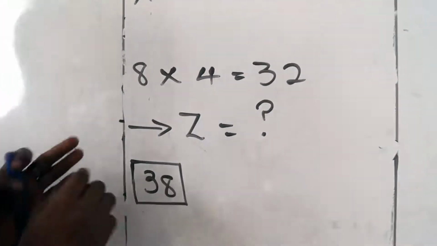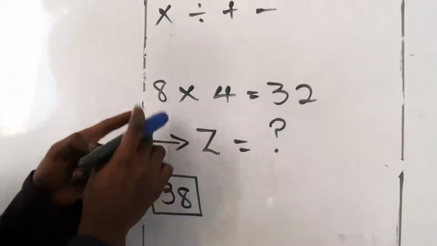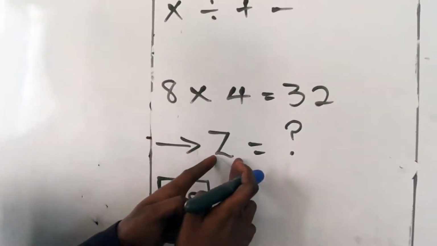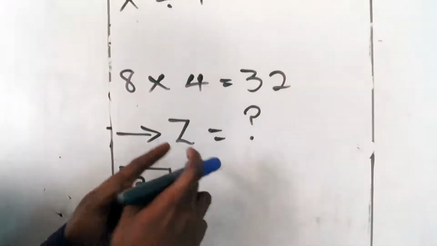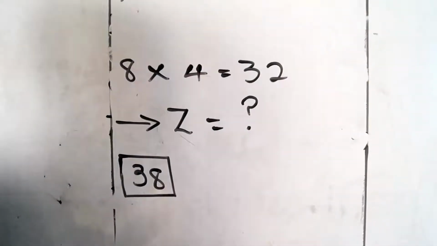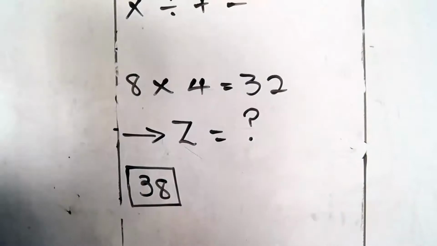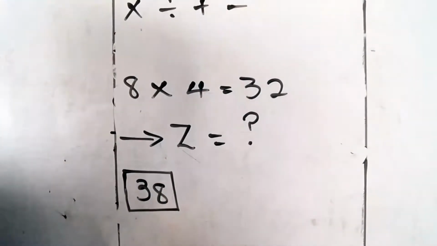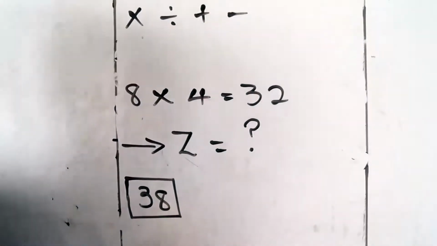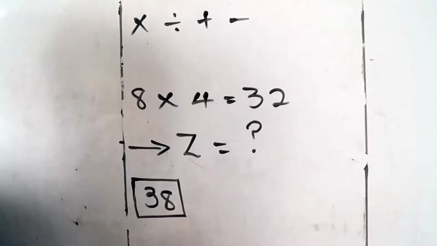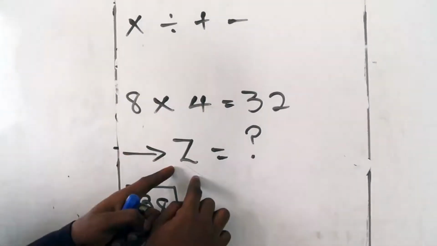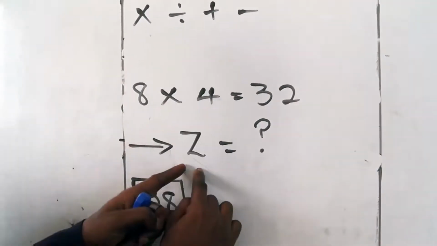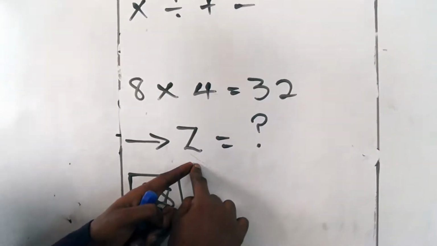If you are able to find what this sign represents and what number this letter Z represents, because this letter Z represents an invisible number, an unknown number. That's why we have it as a question mark. You can have it as X, you can have it as Q, you can have it as Y or whatever. But this Z, to make it easy for you, represents an unknown number.